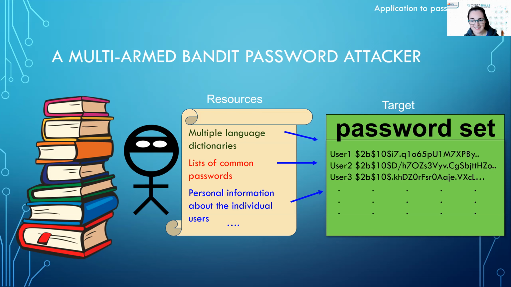In the next slide I'm going to explain how we can use the tools of the multi-armed bandit to link to password sets. But this is essentially the idea that we have a set of dictionaries or word lists, and we want to choose them in a smart way in order to inform what order we make the guesses in.